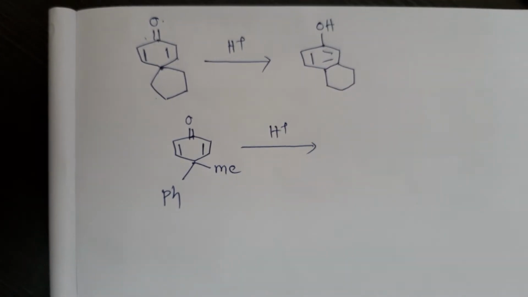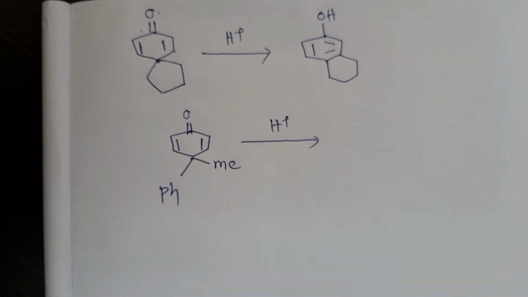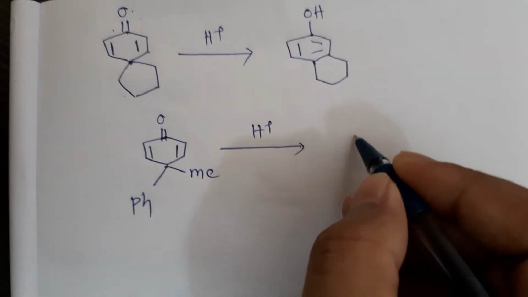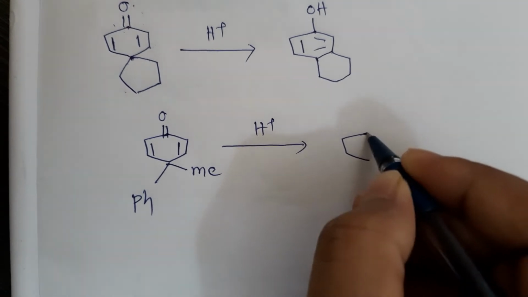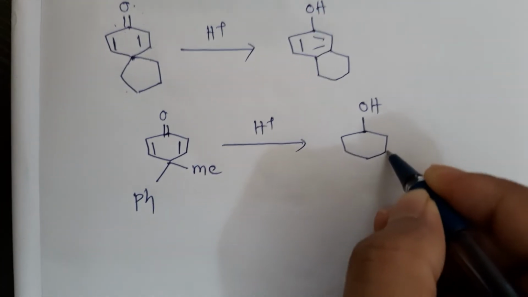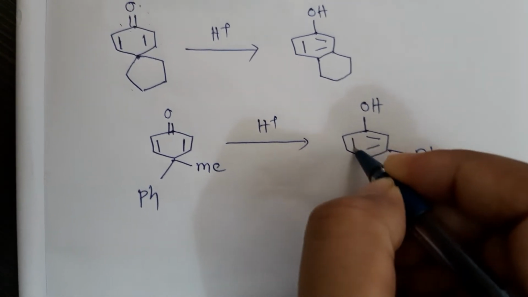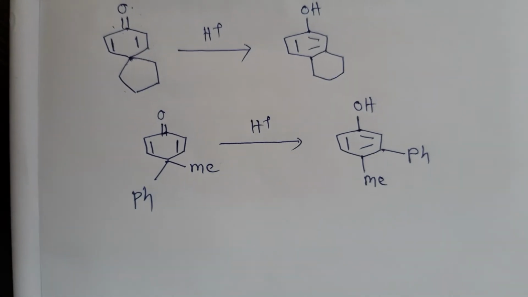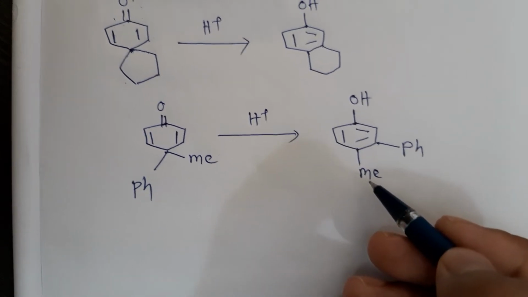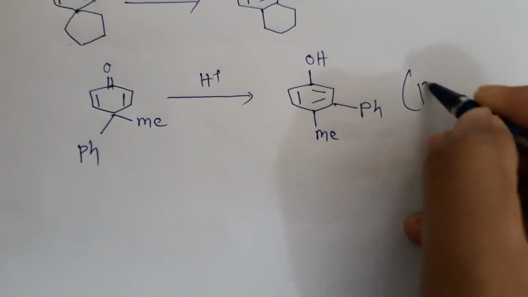Obviously the Ph group will migrate, because Ph is the more electron releasing group. So here OH, here Ph, here Me. That is the main thing, because Ph has higher migrating aptitude than the methyl group. That's why the Ph group will migrate and form this product. This is the product.